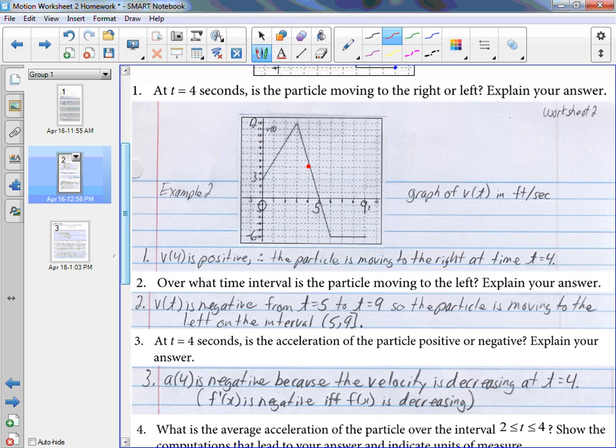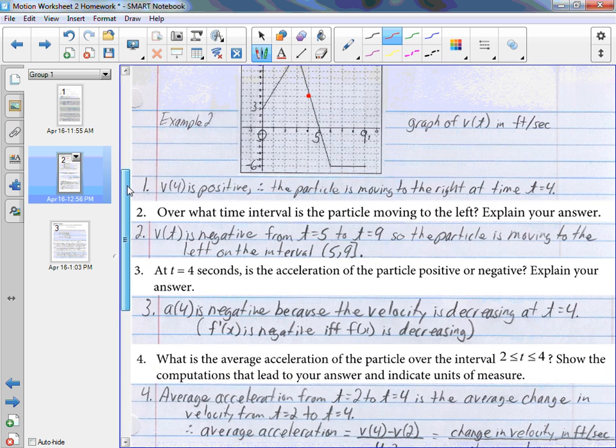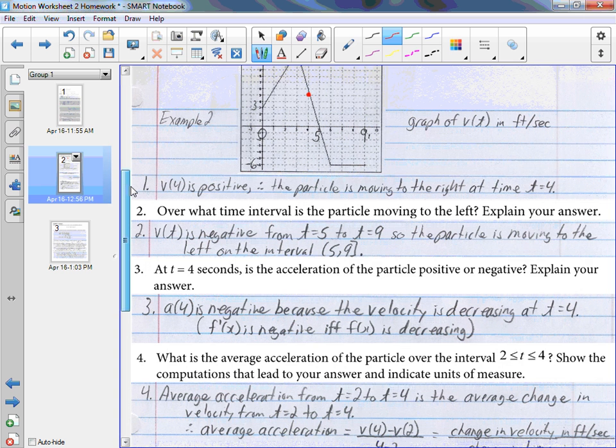If a function is decreasing, its derivative is negative. So if the velocity is decreasing, its derivative, acceleration, is negative. So a of 4 is negative because the velocity is decreasing at t equals 4. And then a little reminder, f prime of x is negative if and only if f of x is decreasing.